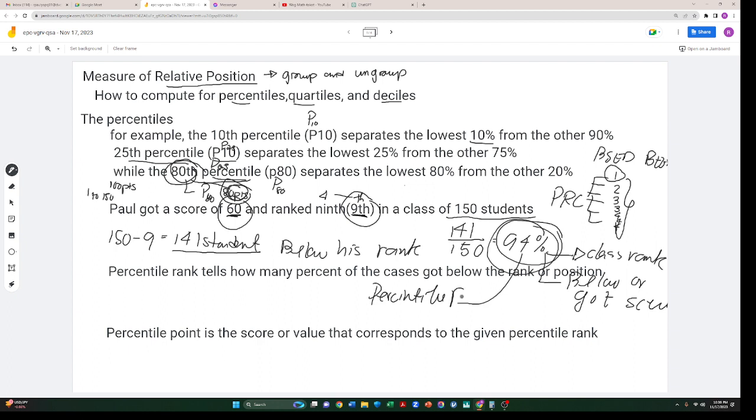Percentile rank is 94, no? 94, which also implies that 94 out of 100 students got scores below my score, and 5% of the class obtained scores higher than him.